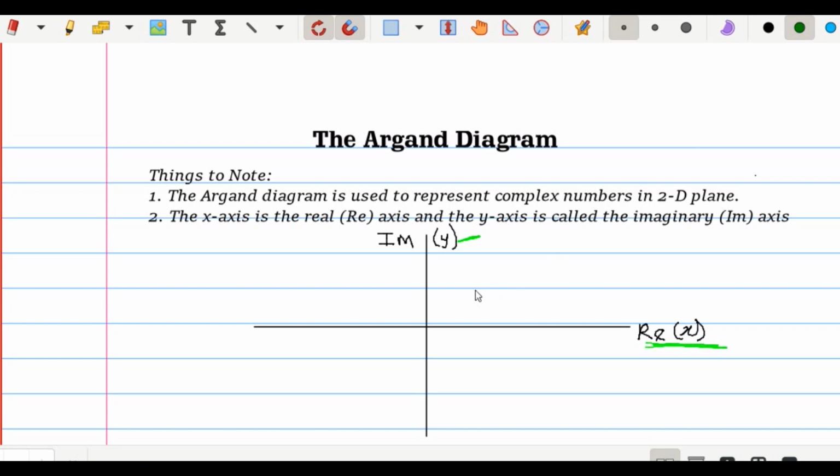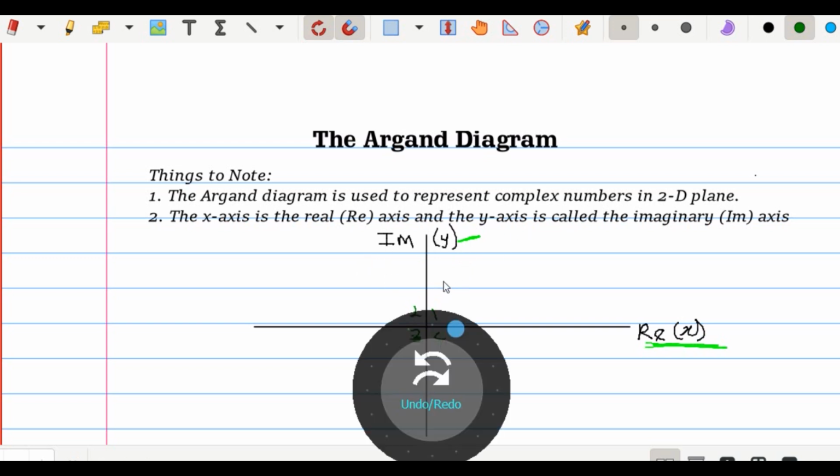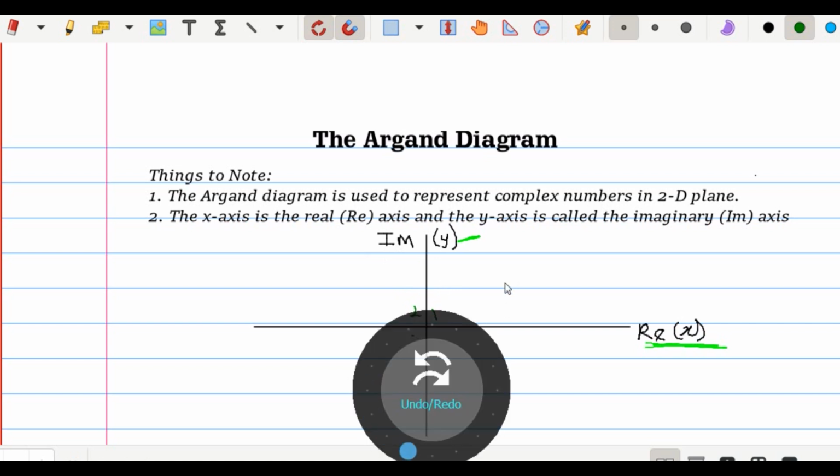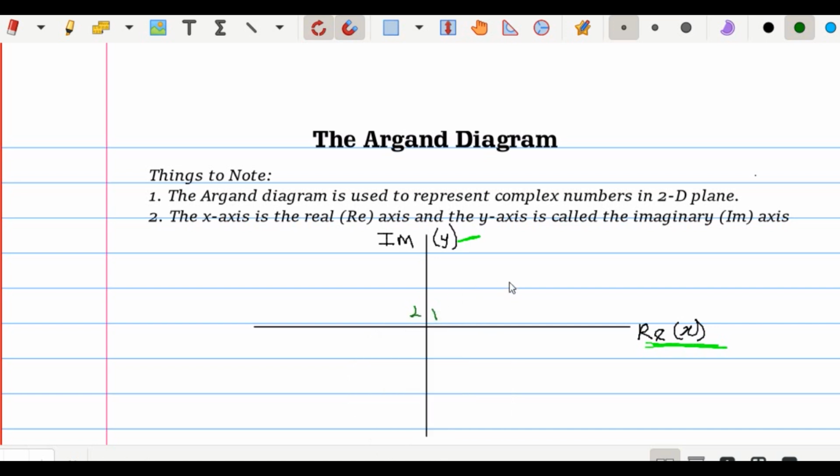The Argand diagram here has four quadrants. We have the first quadrant, second quadrant, third quadrant, and the fourth quadrant. So how do we know how to represent these numbers in the quadrants respectively? Let's look at it this way.